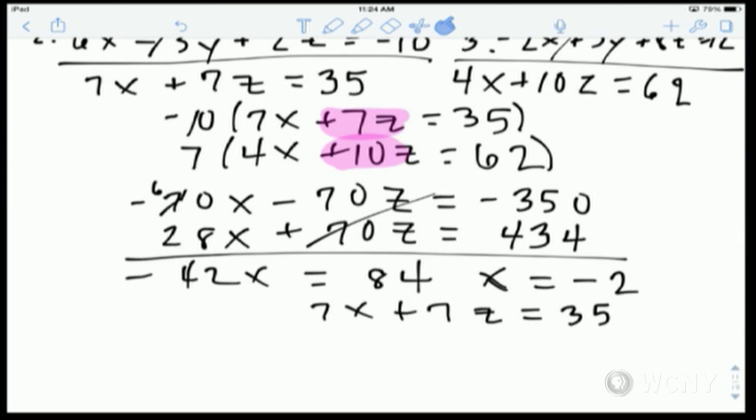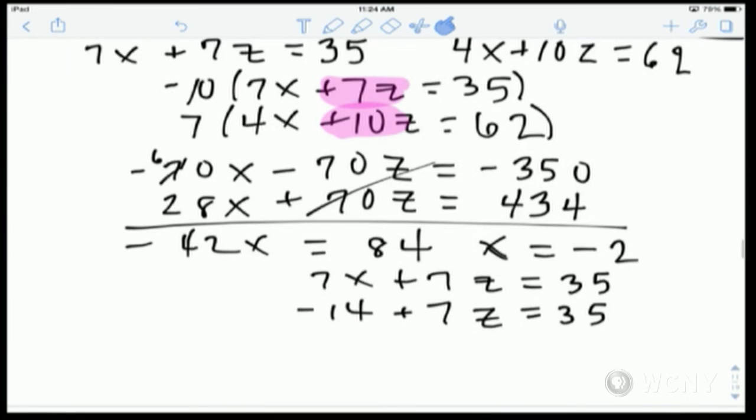Substitute negative 2 in for x, and we get 7 times negative 2, negative 14, plus 7z equals 35. Add 14 to both sides. 7z equals 49. Divide by 7. z is 7. I have x, I have z.